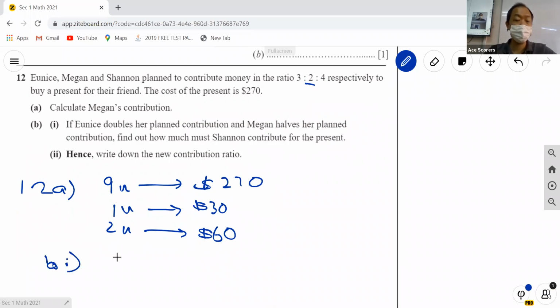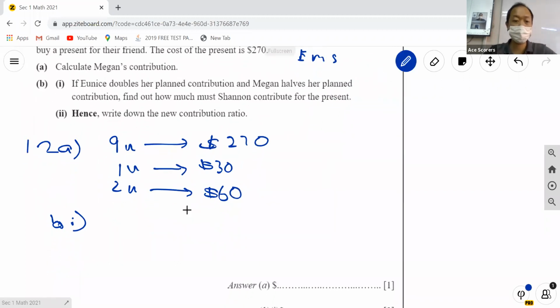So Megan halves hers. Our new ratio is 3 to 2 to 4. Eunice doubles, so becomes 6. Megan halves to become 1.